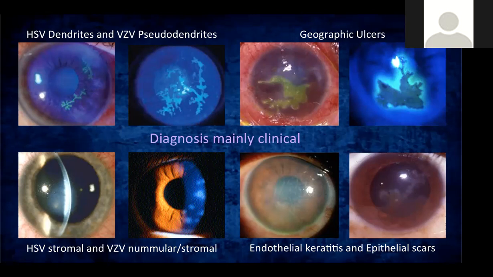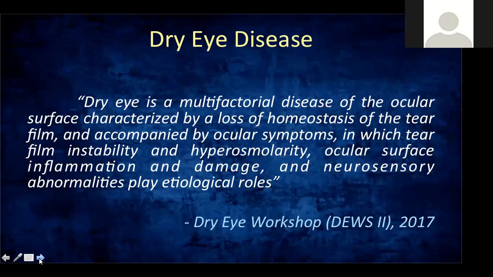So there are different types of medications. You usually discuss that in your ocular pharmacology, but these are the medications that are available to us. But remember, when you're dealing with infectious ulcers, always do microbiological studies.